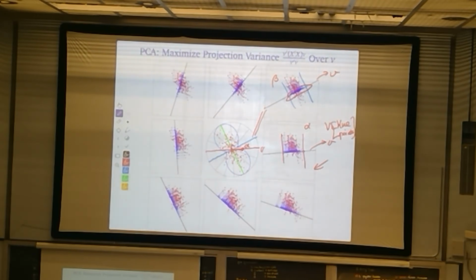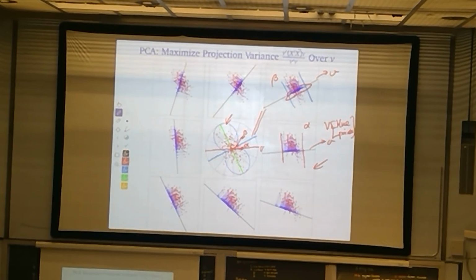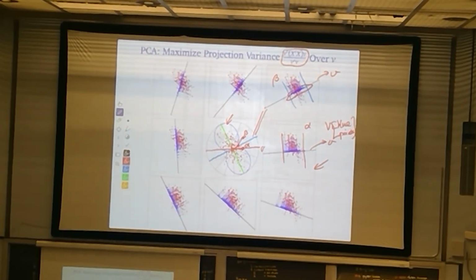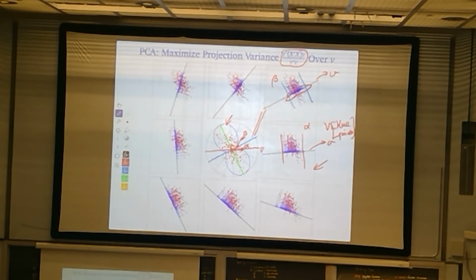And for this one, it's going to be this value. From origin to this, the length of this is beta. So for each possible choice in this 360 degrees of projection axes, I get a number. So that will help me trace out this curve. That's the blue curve here. And that is my criterion value. Okay, this is the Rayleigh quotient: V transpose X transpose X V divided by V transpose V.